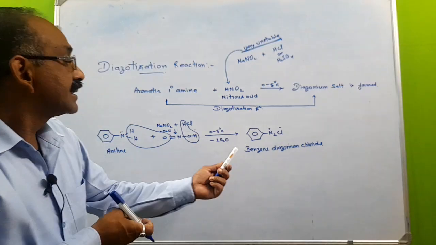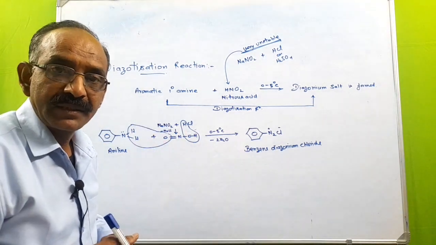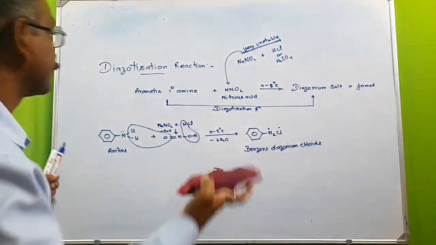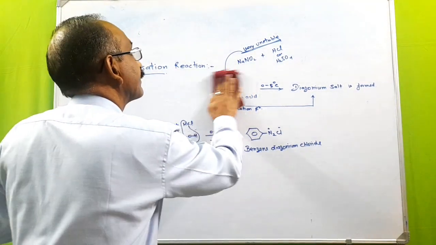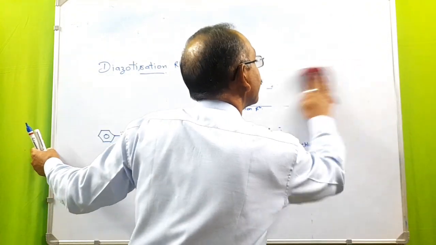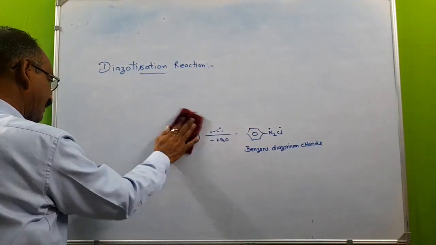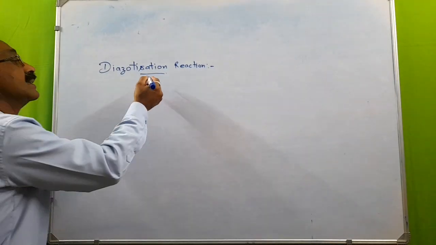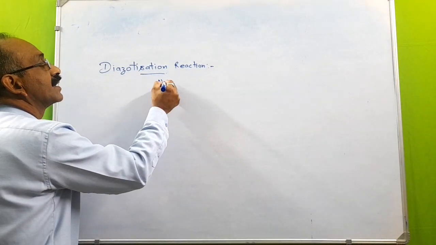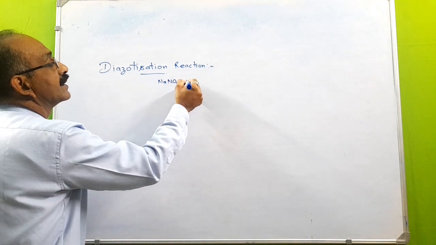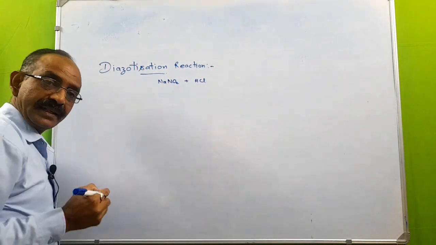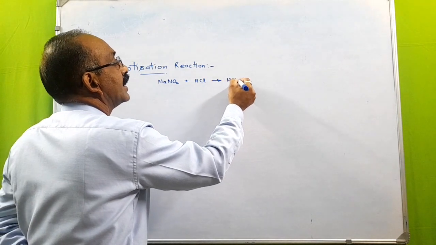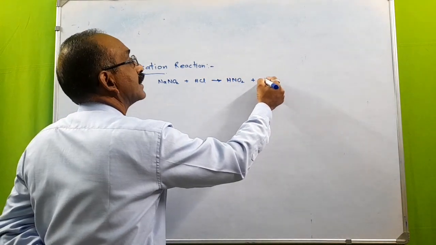Now we'll discuss the mechanism of the reaction, how actually the reaction occurs. See here, NaNO2 reacts with HCl and forms HNO2 plus NaCl.